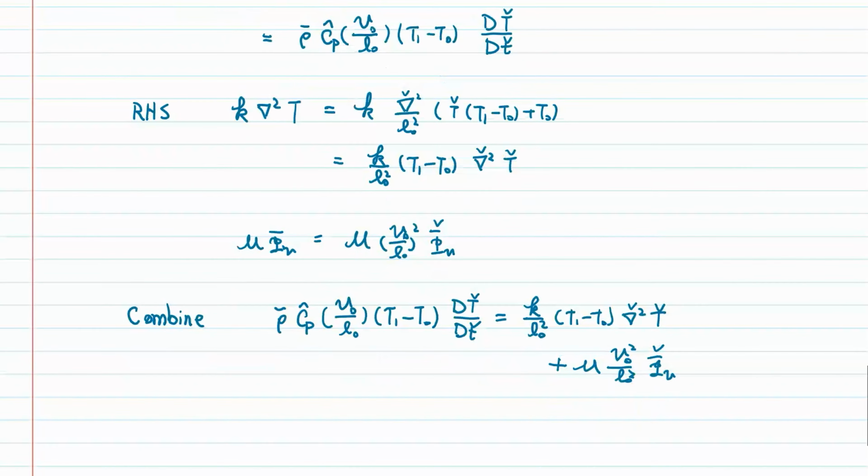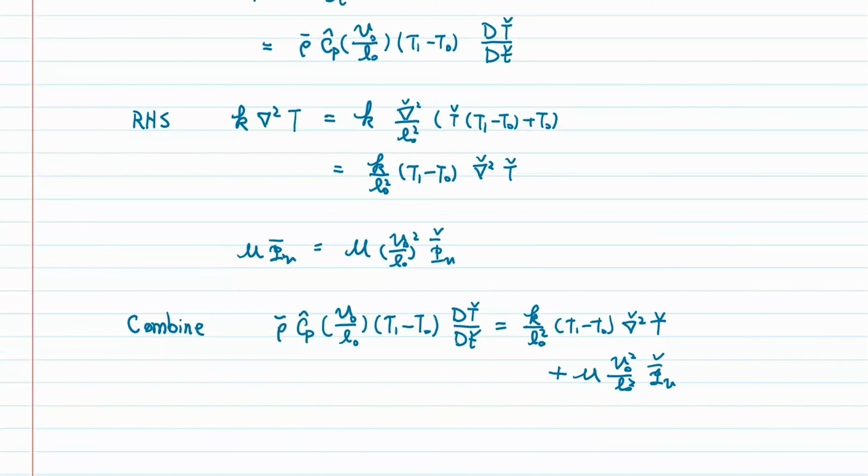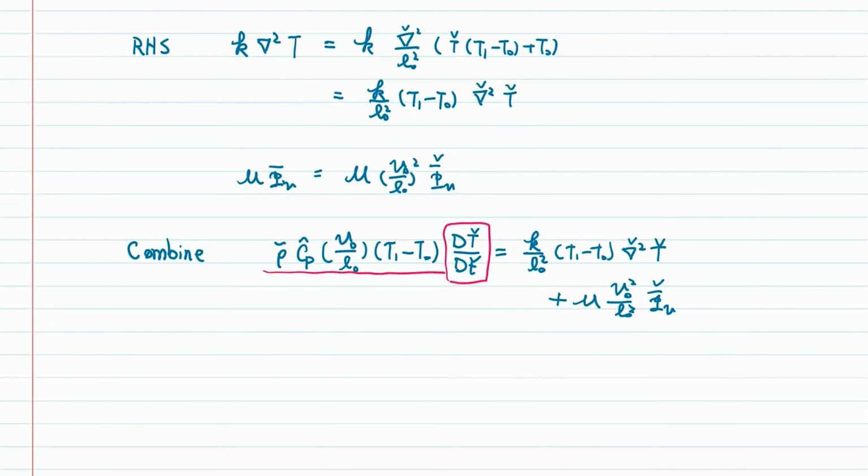Okay, so again, we want to make the left-hand side as simple as possible, just remaining this. So we're going to divide everything by this on the left-hand side. So what we get is the following. We have DT now equals, we can cancel out the T1 minus T naught. So we have the thermal conductivity in the numerator. We have L naught canceled out once.